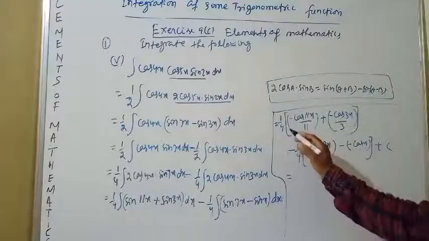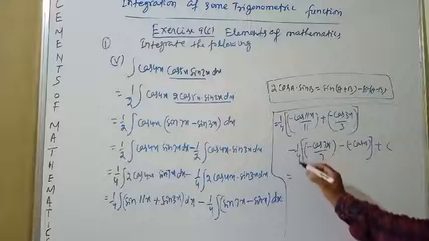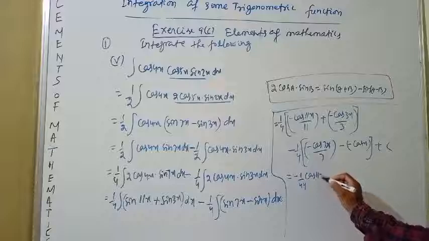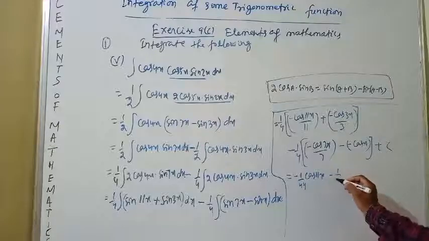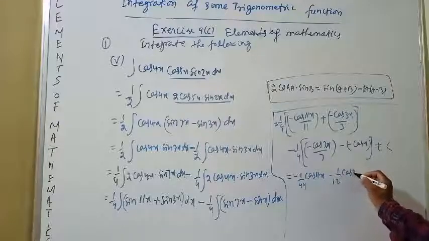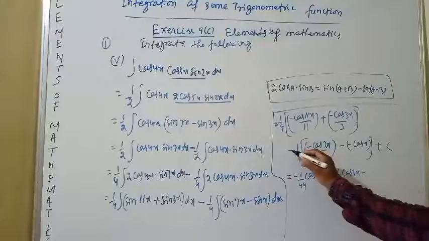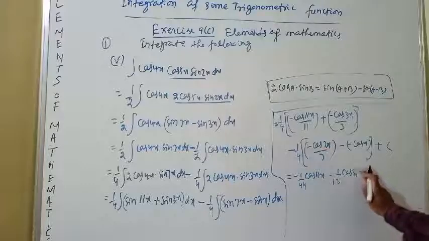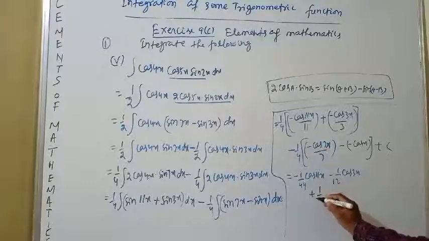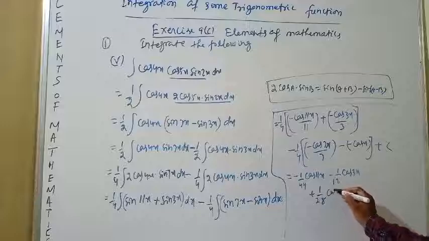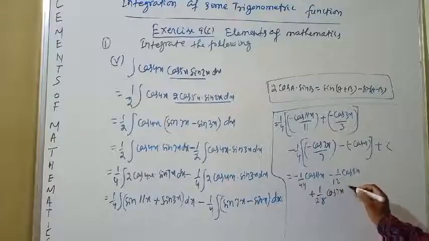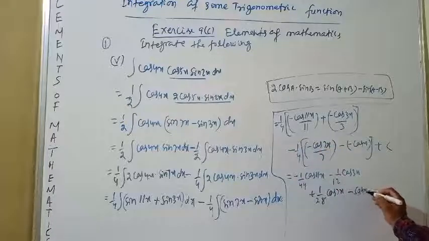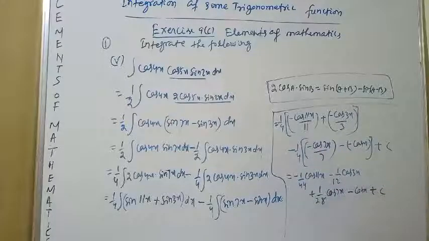Is equal to, how much can you get? Minus 1 by 44 cos 11x minus 1 by 12 cos 3x, minus minus plus, plus 1 by 28 cos 7x, here minus plus, plus minus cos x plus c.